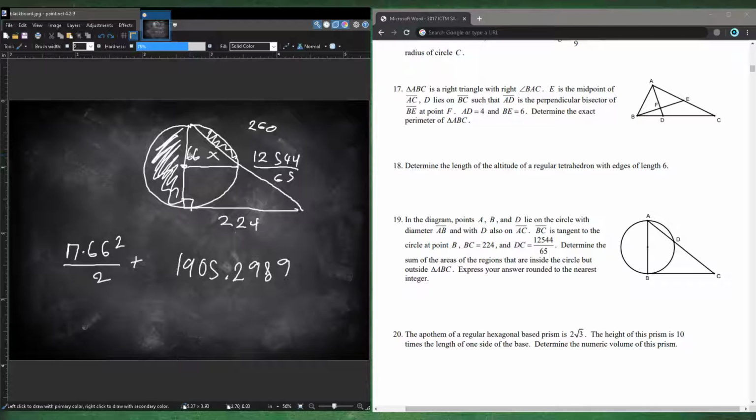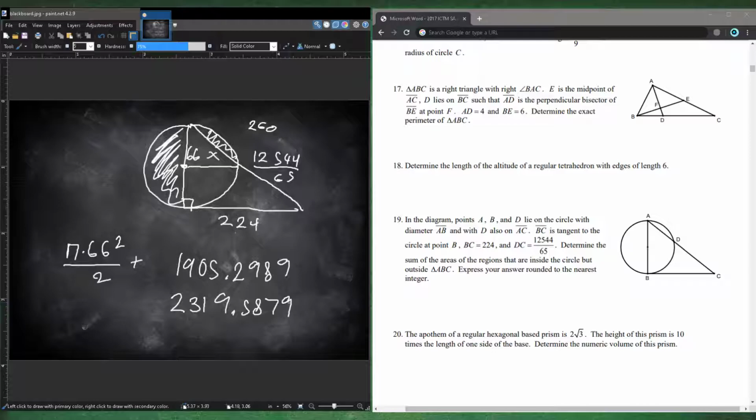So that angle, remember, was 180 minus 2 times the inverse tangent of 224 divided by 132, which was like 61.02. So this times 61.02 divided by 360 should get us an area of 2319.5879.